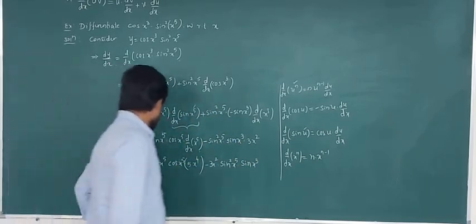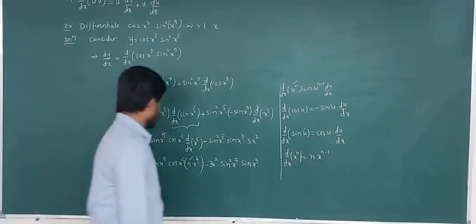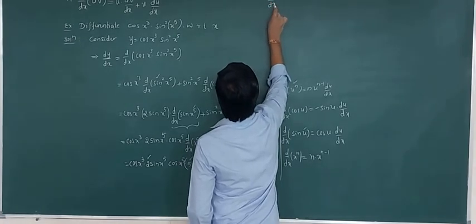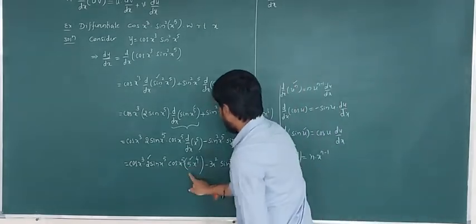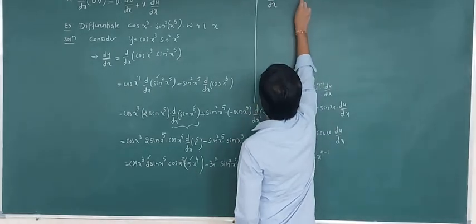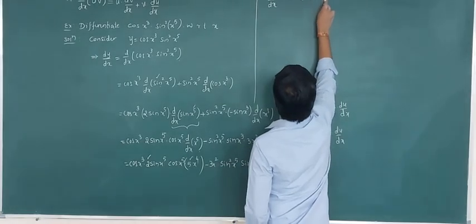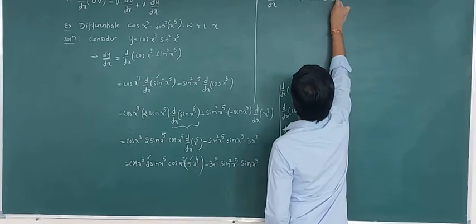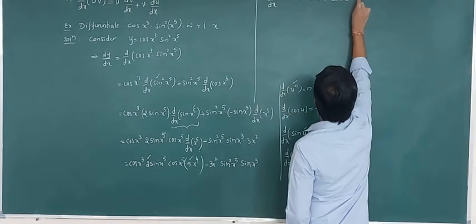Just arrangement here: we have 2 and 5, 2 into 5 equals 10. That is dy by dx equals 10 x to the power 4 into cos x cube into sin x to the power 5 into cos x to the power 5.